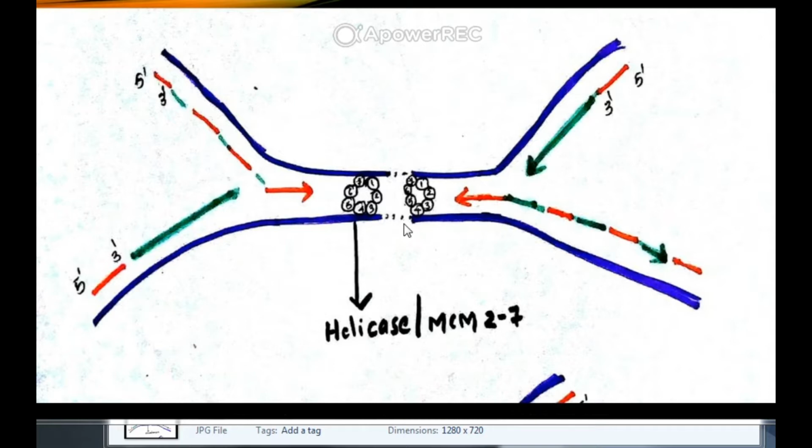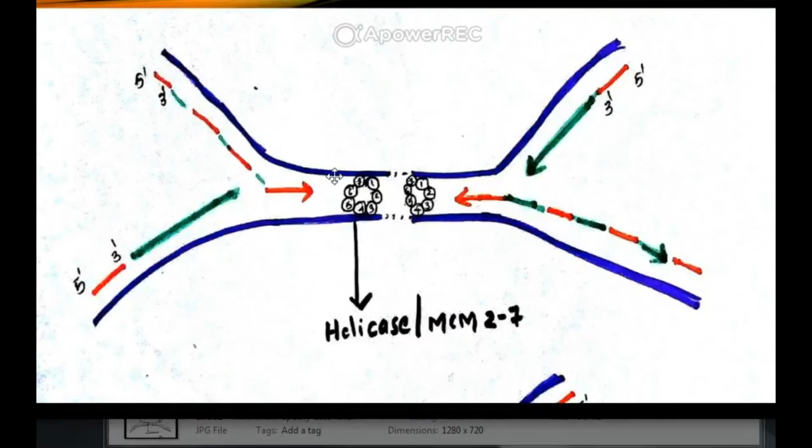In this diagram you can see the MCM complex. MCM is the helicase in eukaryotes. We already said that the helicase in eukaryotes is the MCM2-7 complex, and these MCM complexes approach each other.